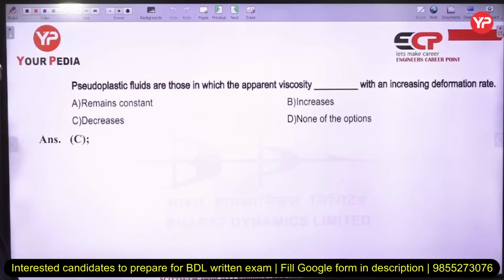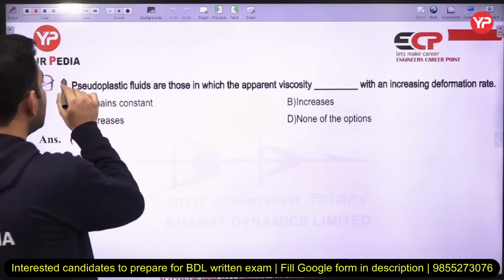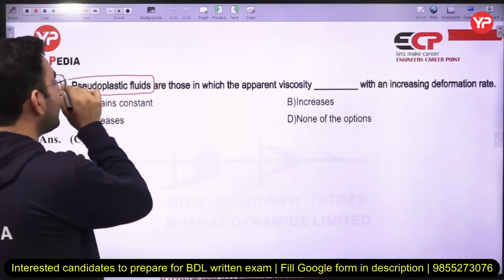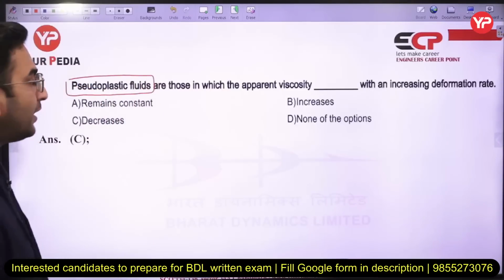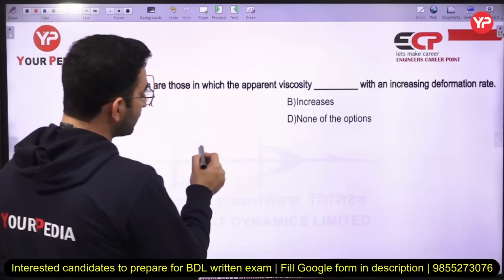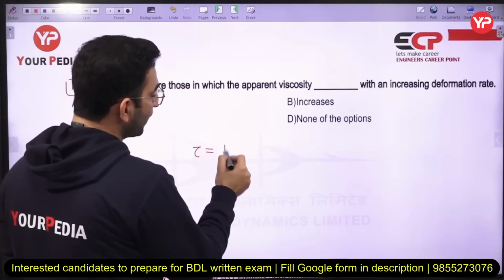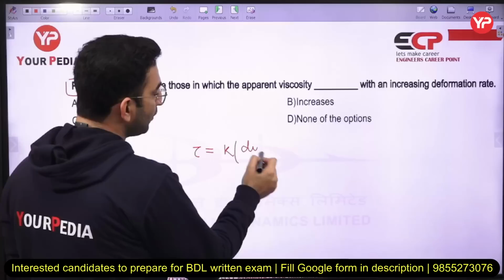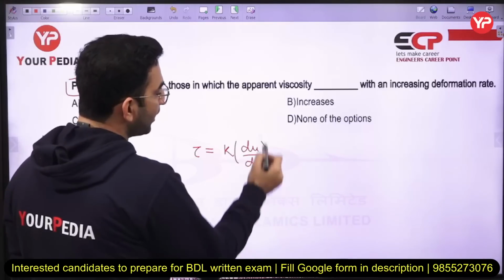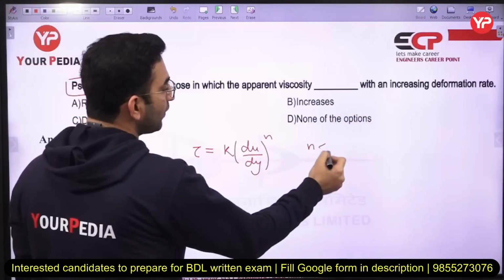Next part, pseudoplastic fluids are those in which the apparent viscosity. See, pseudoplastic fluids are those fluids which are considered non-Newtonian fluids, and they follow the power law of viscosity, which is given by tau is equal to K (du by dy) to the power n here. In this case, the value of n is always less than 1 here.